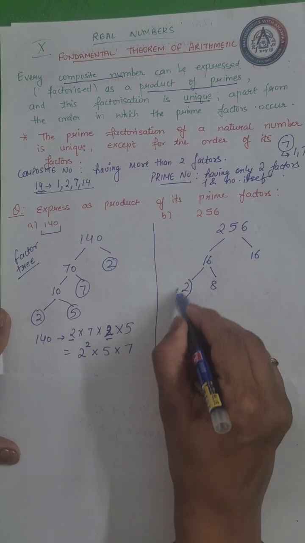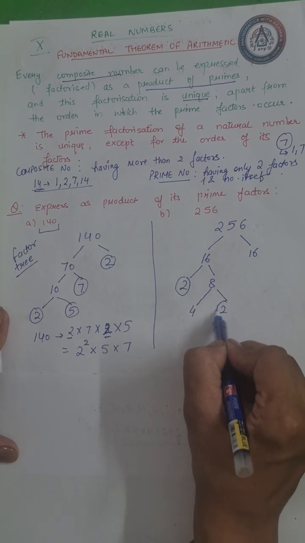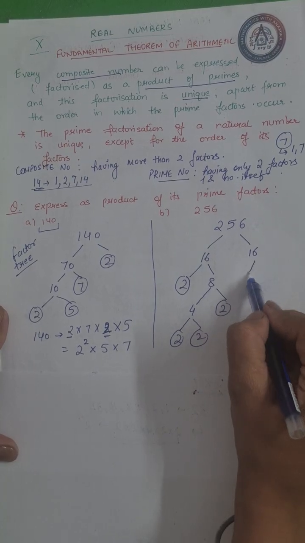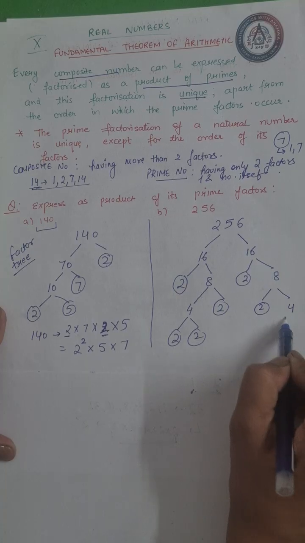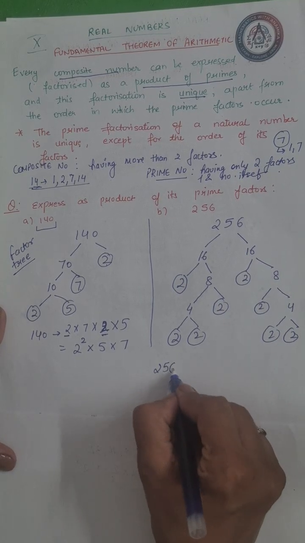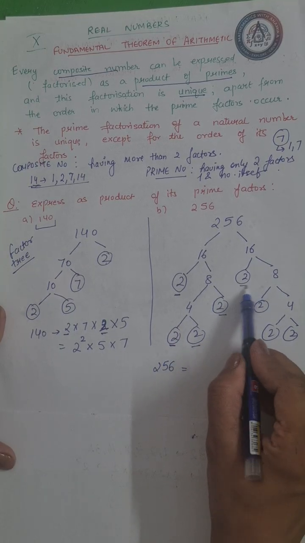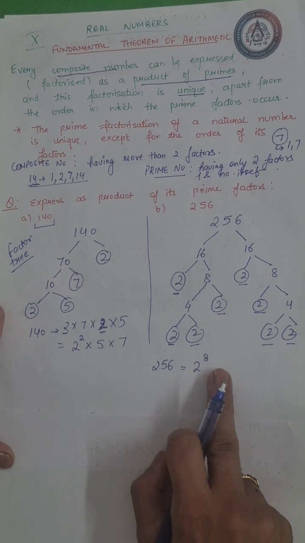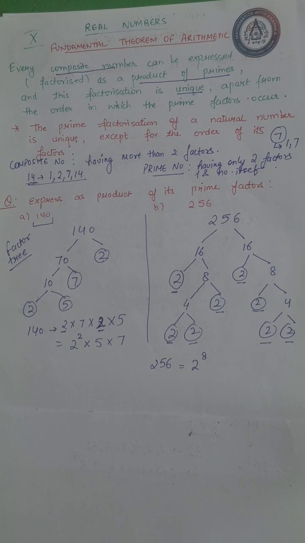Now 2 is a prime number, I cannot further divide, but we can take 8 as 4 times 2. This can further be divided as 2 times 2. Similarly, for the other 16, we can take 2 and 4, that is 2 times 2. So 256 can be expressed as 2, 2, 3, 4, then we have 5, 6, 7, 8. We have eight 2's, so we can directly write 2 to the power 8. This is how we apply this fundamental theorem of arithmetic.